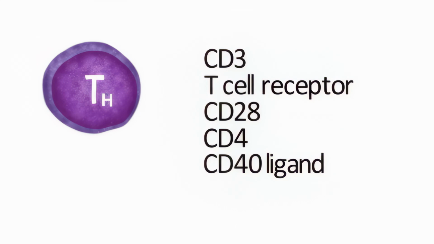And the activated helper T cell can tell the B cell to start making antibodies. Natural killer cells have CD56, which is the unique marker for NK cells. And they also have CD16, which is what binds the antibodies that coat infected cells and initiate antibody-dependent cell-mediated cytotoxicity.